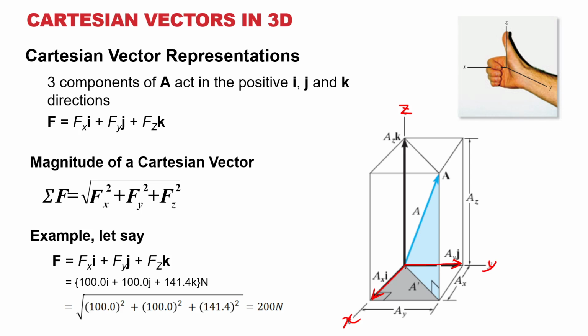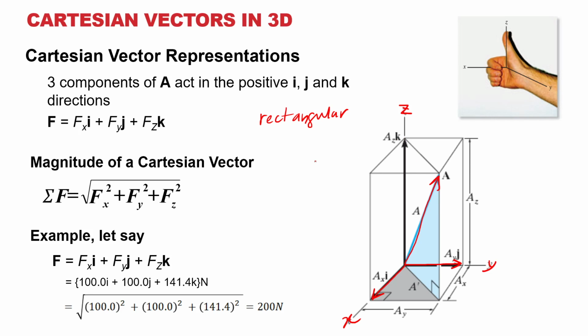When you want to draw your force, which is in 3D, you have to draw it in this condition. What this coordinate system does is it actually uses a rectangular box to define the force direction.